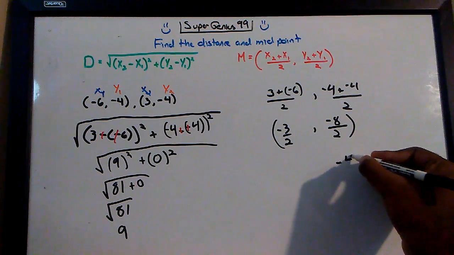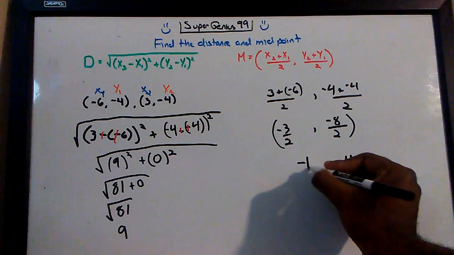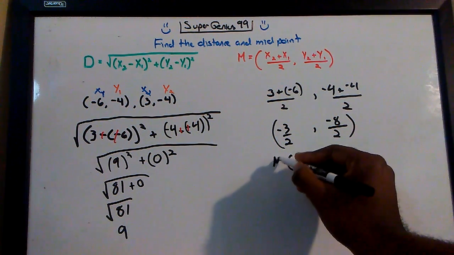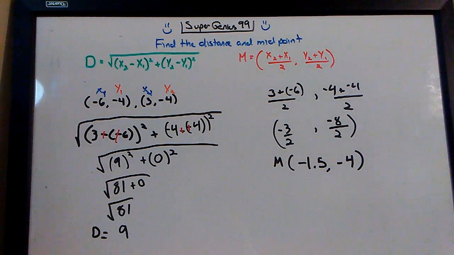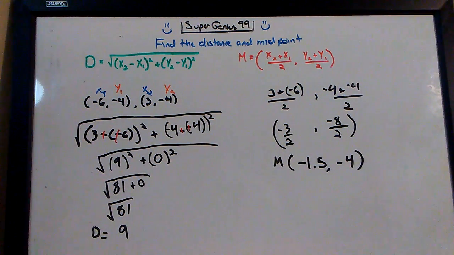And then if you wanted to write negative 3/2 as a decimal, okay, that's your midpoint, right? This is your distance. So that means these 2 points on a line are a distance of 9 units apart. And the point that's directly in between them is negative 1.5, comma, negative 4. That's right in between the two.